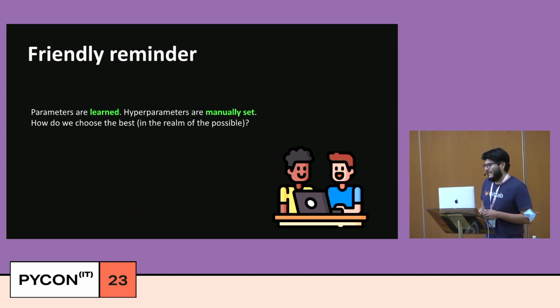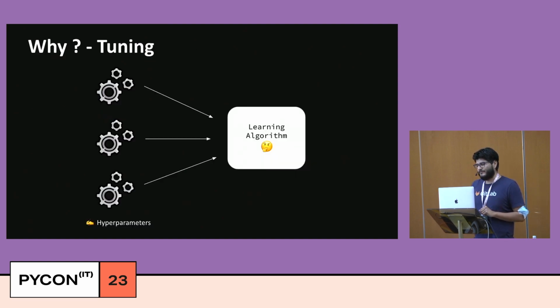Just as a friendly reminder, when I talk about hyperparameters, it is what the human will set, and a parameter is what the model learns. This word is important, because it is the core of how we solve this problem.